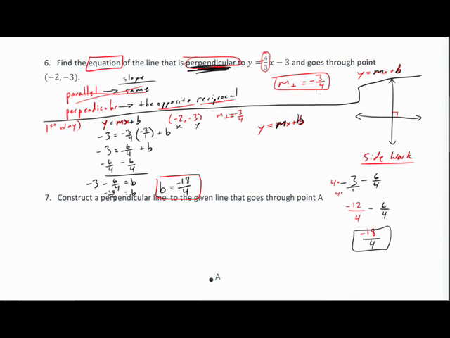So I just need to plug it in here. M goes right there, b right there. And I will be done at that point. So y equals negative 3 over 4 x plus negative 18 over 4, which is my answer.